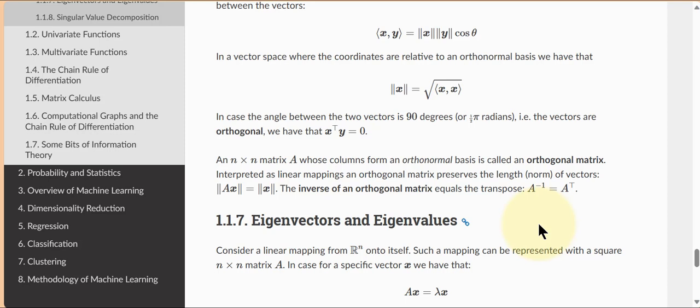Well, maybe it's not a lot of work if you ask the computer to do it. But here it says if you happen to have an orthogonal matrix, it's not a lot of work at all. All you have to do is basically flip the matrix, and that will give you the inverse.